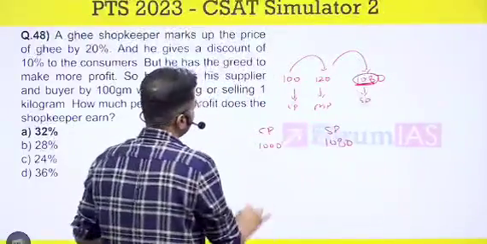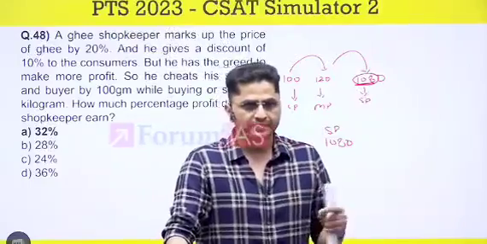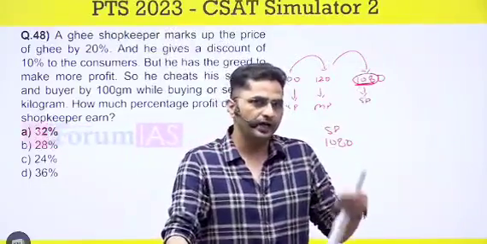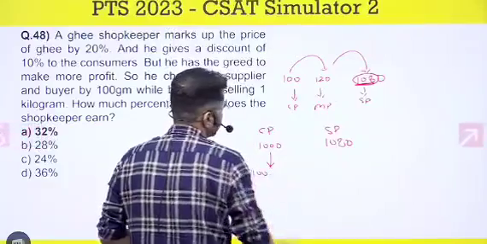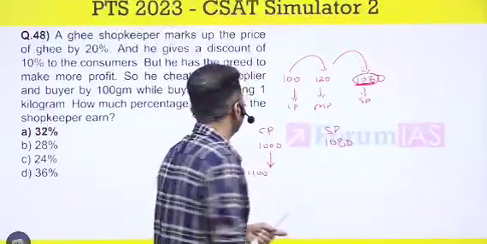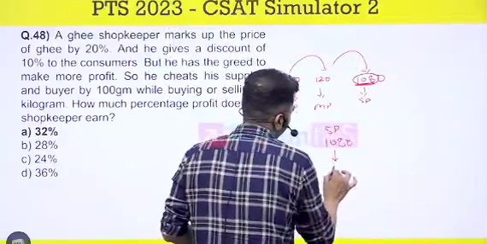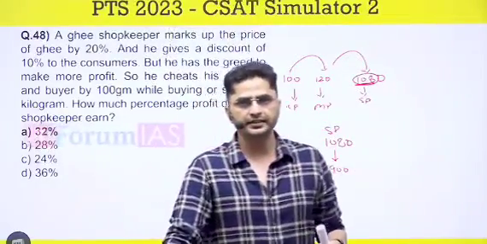Now remember, he's cheating by 100 grams. That means while paying for 1000 grams, he's actually getting 1100 grams. And while selling, he's selling 900 grams. I hope this part is clear.